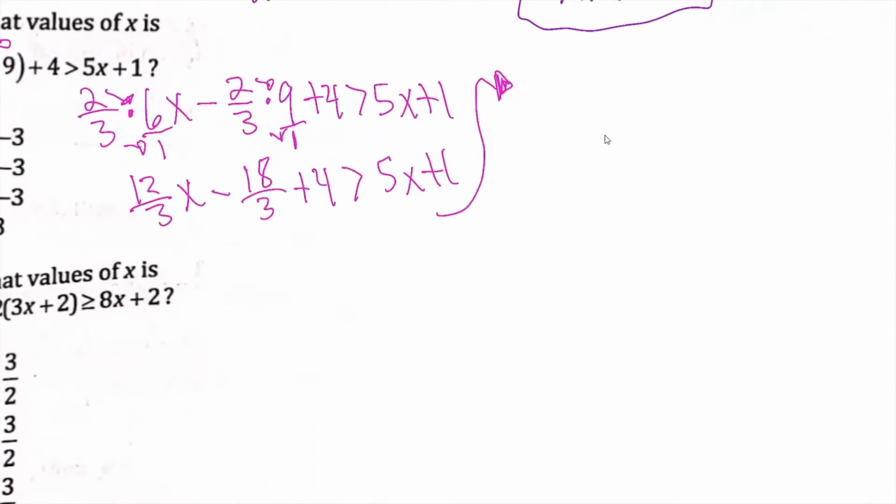So 12 divided by 3 is just 4x. 18 divided by 3 is just 6. So plus 4 greater than 5x plus 1.